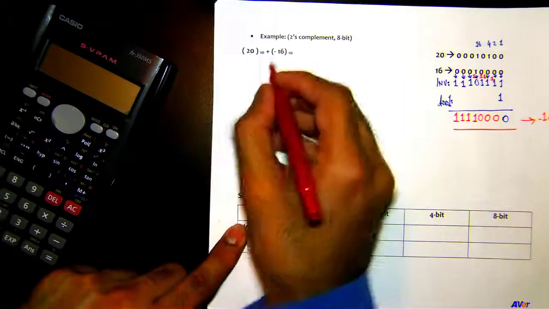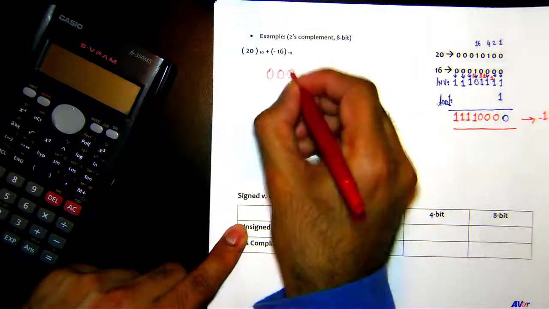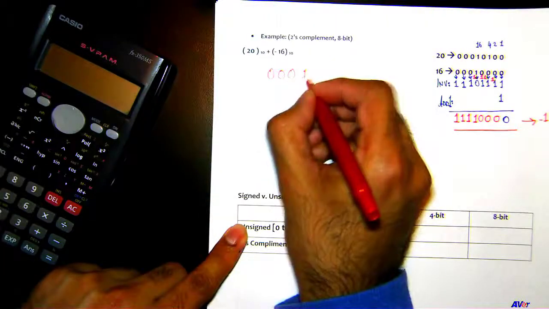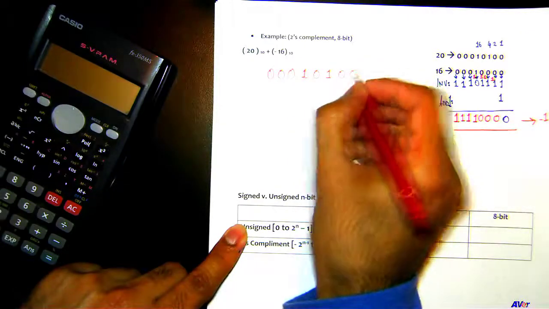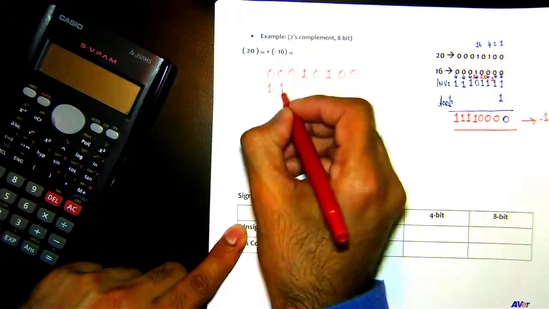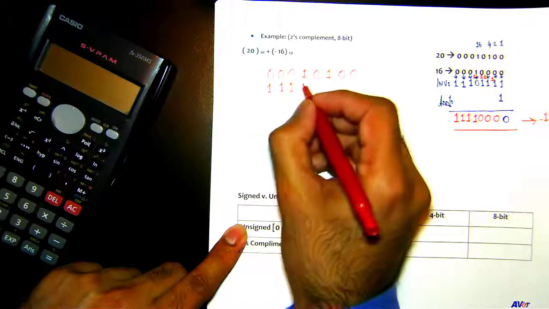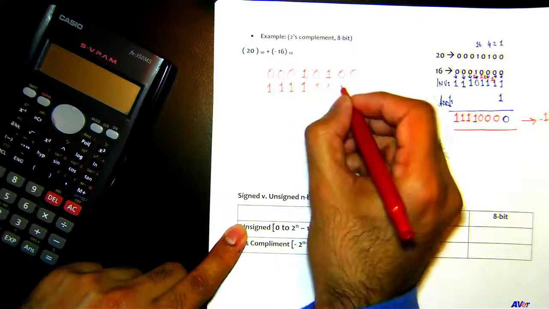20 was this right here. So I'll just write down here 0 0 0 1 0 1 0 0, 1 2 3 4 5 6 7 8, and then this right here 1 1 1 1 0 0 0 0.